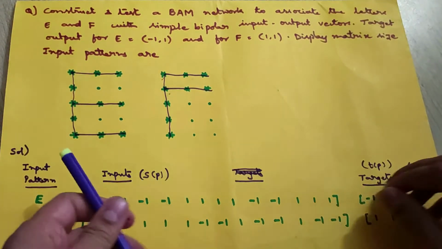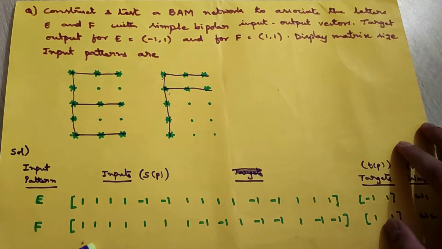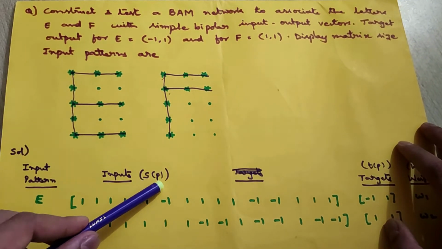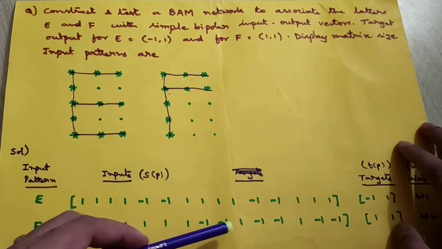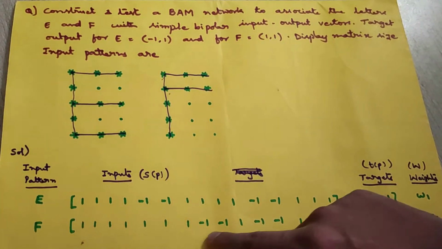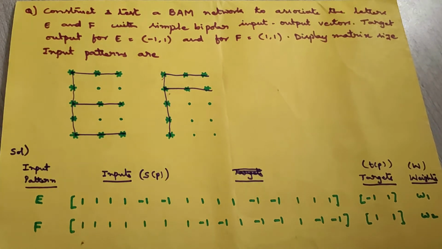In this way we can frame the input pattern or sample pattern. This is the sample pattern and this is the target vector. You can call this the input vector also, or sample vector. In this way we obtain both input and outputs.